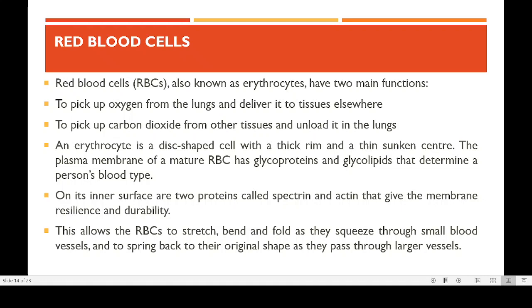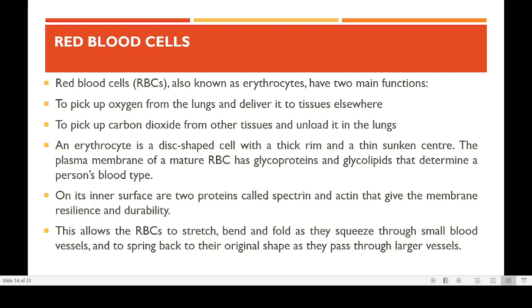These proteins are known by the name glycoprotein or glycolipid. Based on the nature of this glycoprotein or glycolipid, you have A group blood, B group blood, AB group blood, or O group blood. So the presence of this glycoprotein or glycolipid is responsible for deciding the type of blood group a person has.